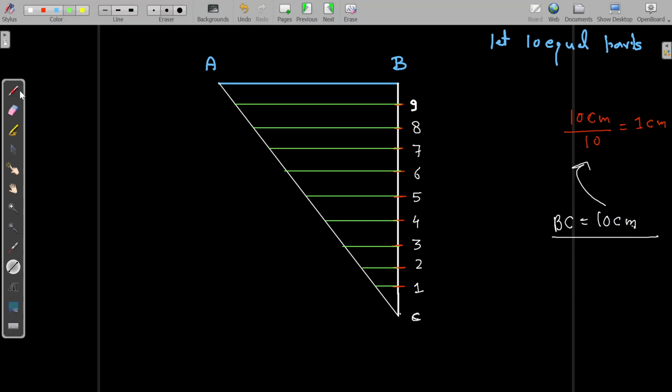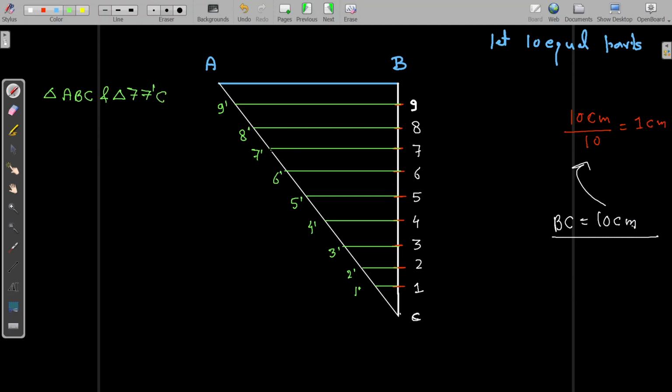I am naming them 1 dash, 2 dash, 3 dash, 5 dash, 6 dash, 7 dash, 9 dash. Now consider the first triangle ABC and any triangle, for example, let us say 7, 7 dash C.